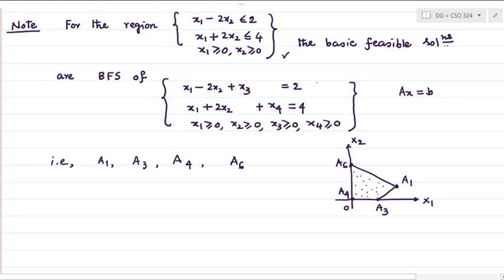Here is your Ax equals to b, and together with it, if you take the restriction x greater than or equal to 0, then for this set, that is the feasible set of a standard linear programming problem, the basic feasible solutions of this system are precisely the vertices of the geometric region given by these two inequalities. Fine.